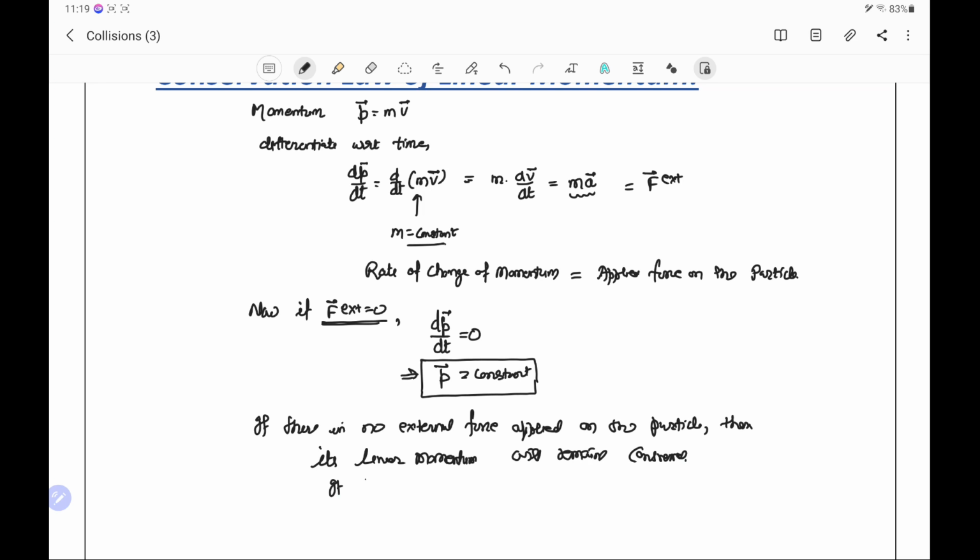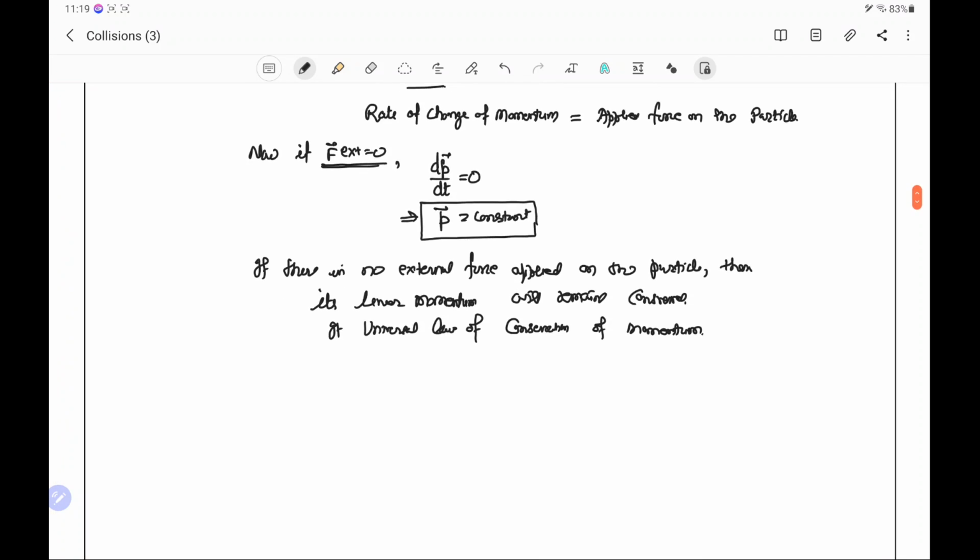And it is a universal law of conservation of momentum. That means it is applicable in each and every situation.